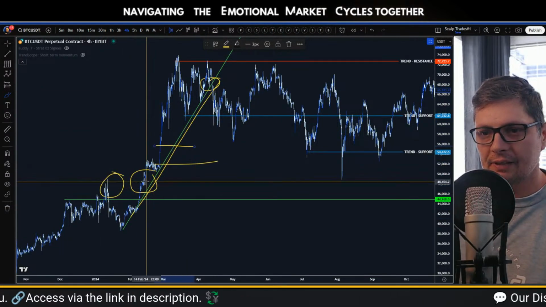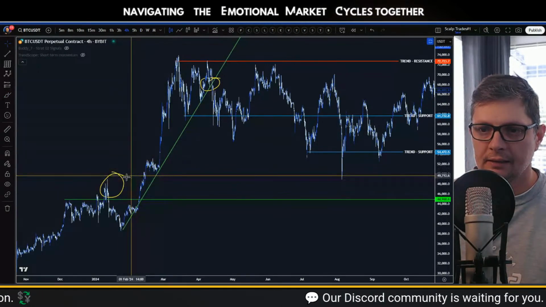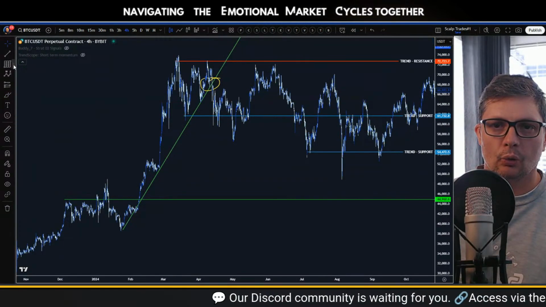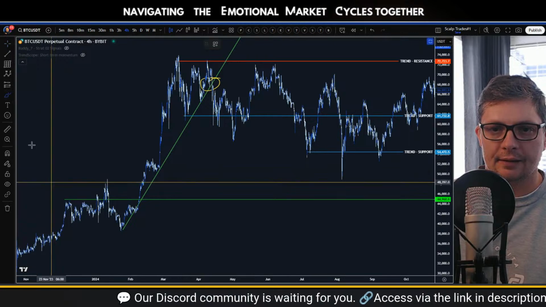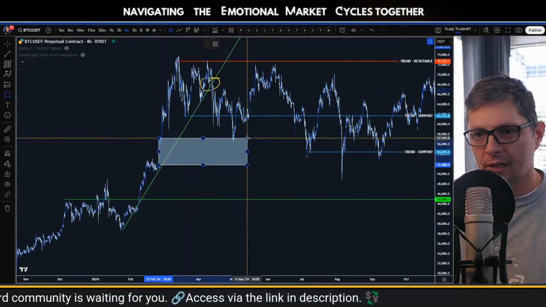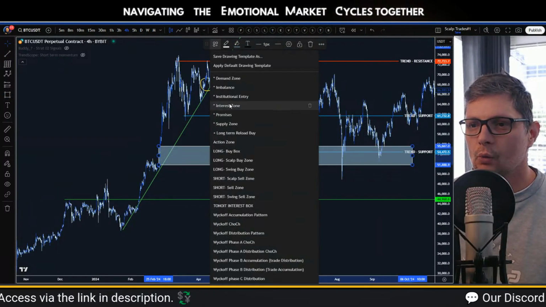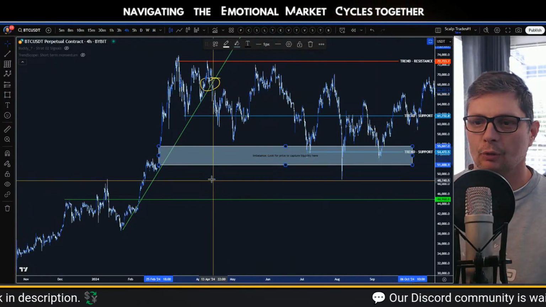So it left an imbalance behind, and that imbalance is normally drawn and shown like this. There we go. So one can argue from there to there was an insane imbalance, and what it wants to do is go to the imbalance before continuation.